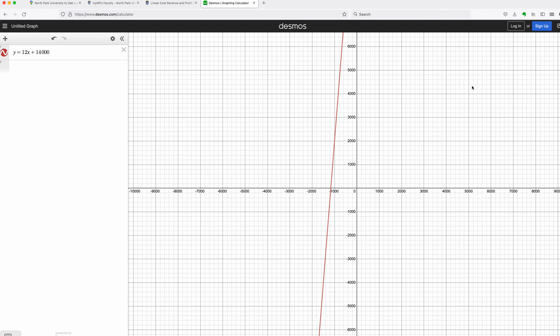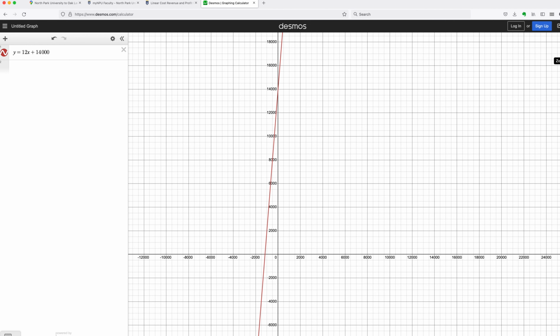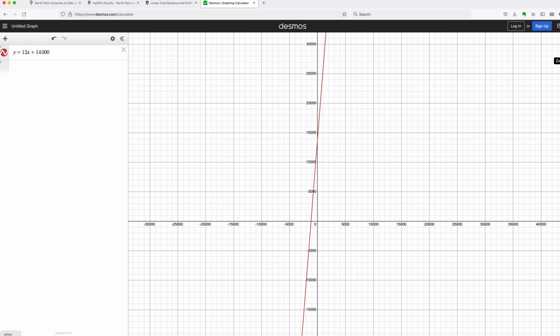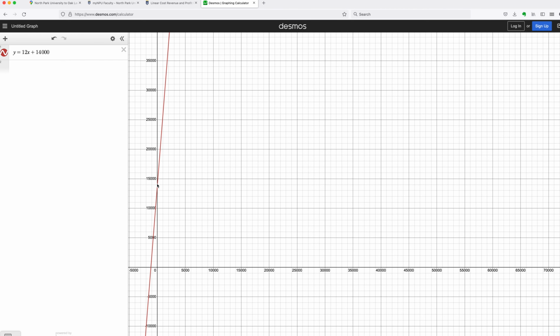There's my line. It's very steep, it crosses at 14,000 and keeps going up. What's my revenue equation? Well, this is actually 9, not 12. And y equals 12x is my revenue equation.